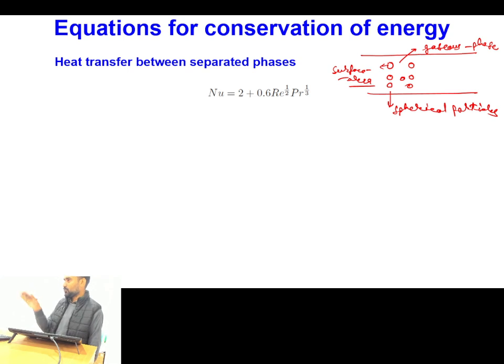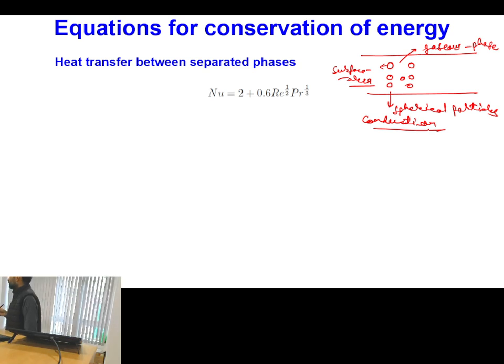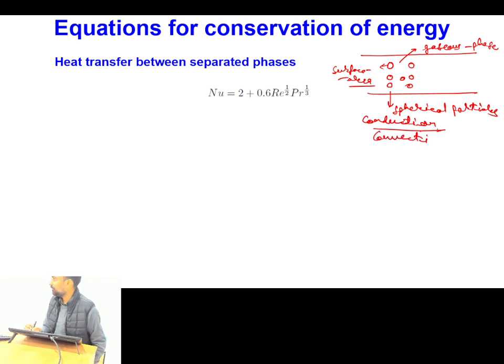So with reference to fluid motion, the particle will be acting stationary. In case relative motion is not there, the mode of heat transfer will be conduction. In case relative motion is present, then heat transfer will be because of convection.